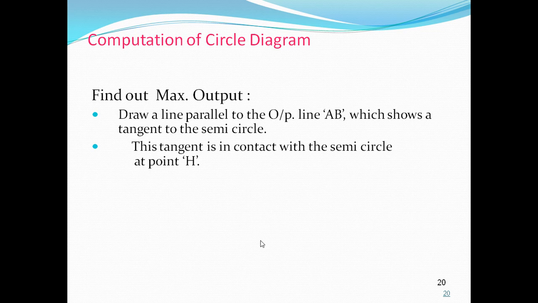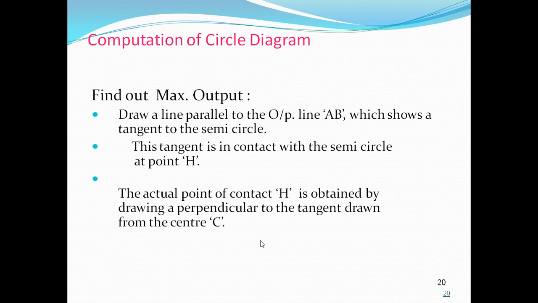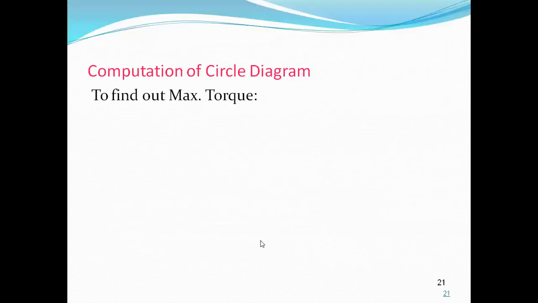This tangent is in contact with the semicircle at point H. The actual point of contact H is obtained by drawing a vertical perpendicular to the tangent from the center of the circle. So HI represents maximum output.